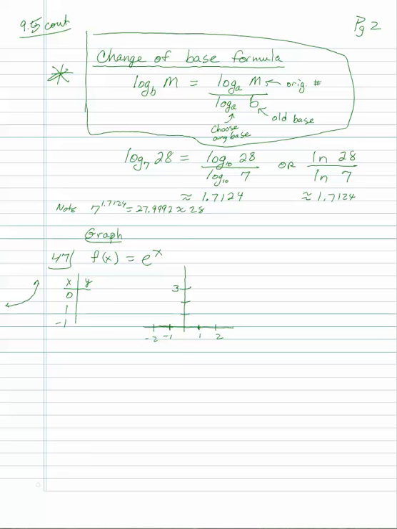Okay, so remember, anything to the 0 is 1. E to the 1 is just e, which is about 2.718. And e to the negative 1 is 1 over e, which is about 0.36 or 0.37.